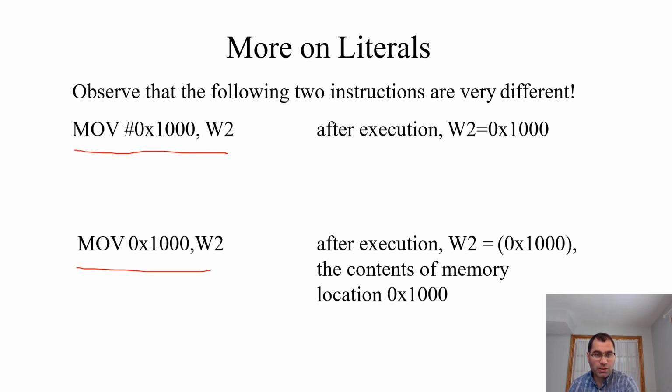So after executing this, W2 is going to be equal to the content of this address location, whatever is in there. So you go to data memory or file register, same thing. You go there and find the content of this address location, and W2 will be assigned that value.